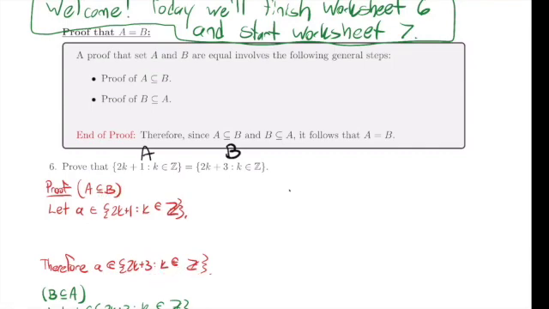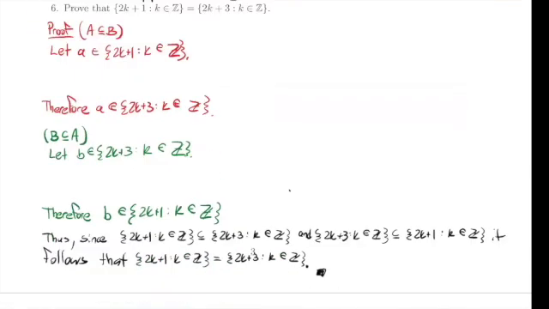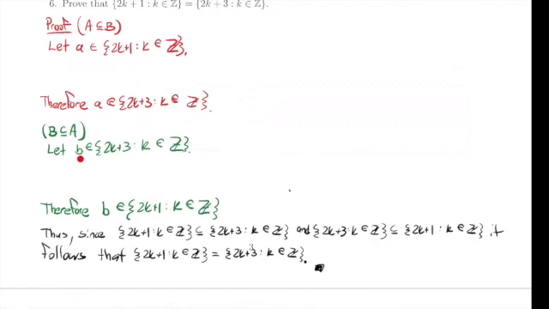That proves this. Then we move on and prove that if I start with something in set B, it has to fall into set A. Therefore we've got one is contained in the other and vice versa, so they must be equal to each other. So here's the general flow of what these proofs look like.